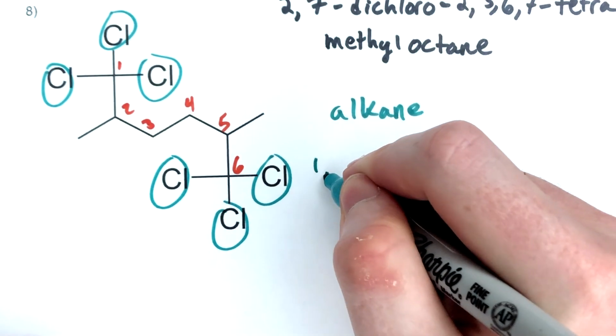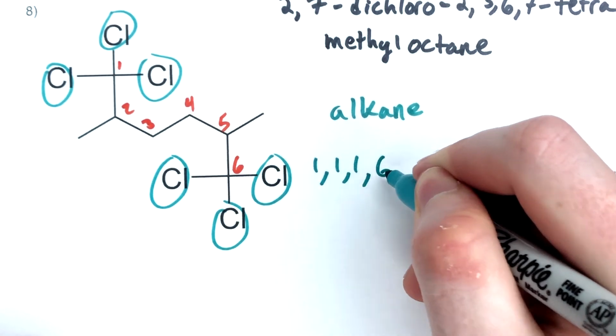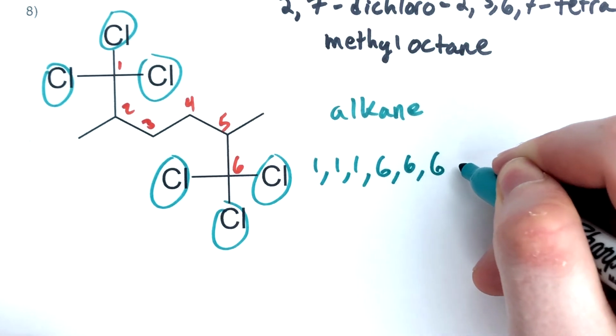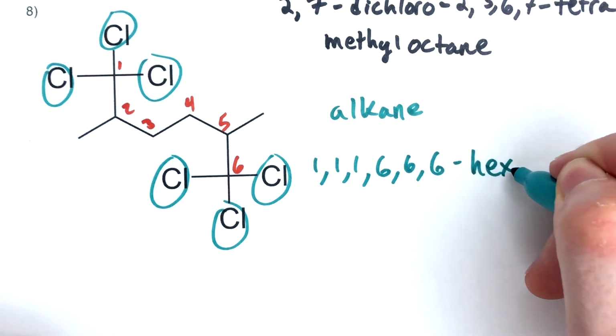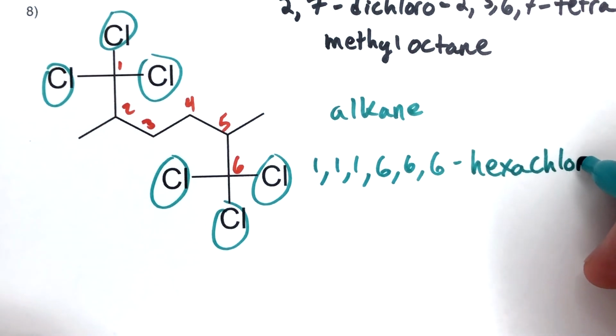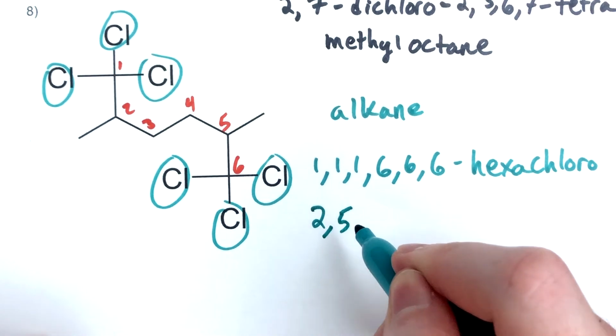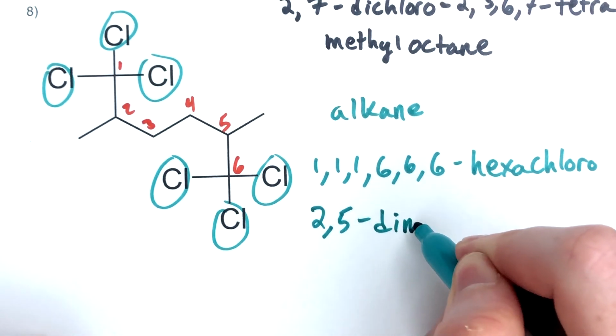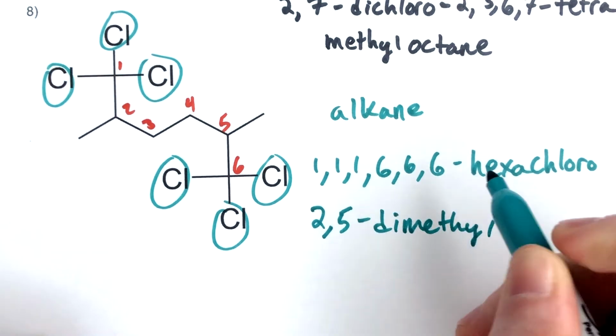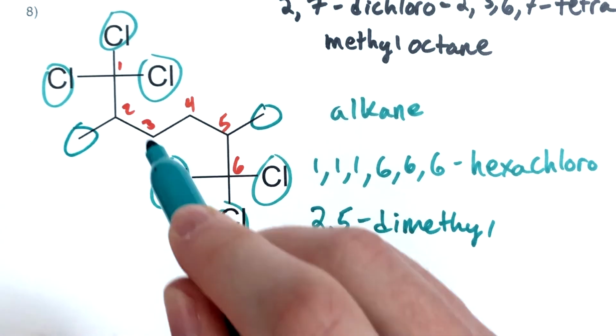So then this is a 1,1,1,6,6,6 hexachloro compound. And then at 2 and 5, there are methyl groups. So it's 2,5-dimethyl. That is this position and this position.